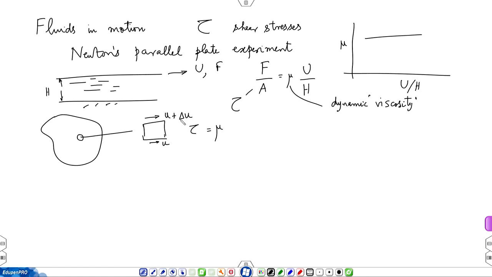A small change in u, which we have been expressing in the past, like in the pressure variation problem. We wrote delta p is the derivative of p with z times delta z. Okay, so here it will be derivative of u with the y coordinate, okay, times delta y. The delta y goes away because you have that area factor.